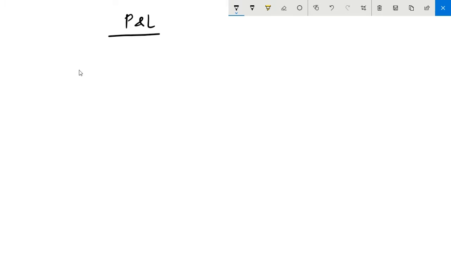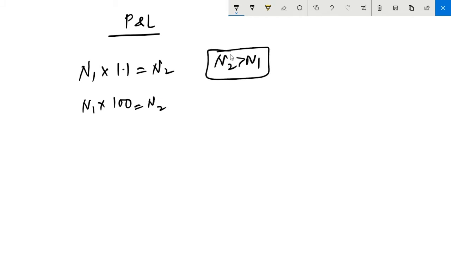Suppose there is a number n1, and if you multiply it with something more than one, it might be 1.1 or it might be 100, anything, the number that we get, suppose we call it n2, has to be more than n1. Like if I take n1 as 10 and multiply it by 1.1, what I'm getting is 11. Is 11 greater than 10? Yes, so that is true.